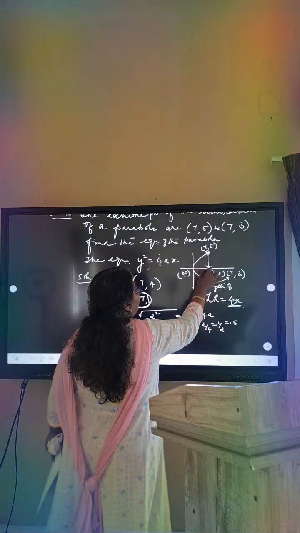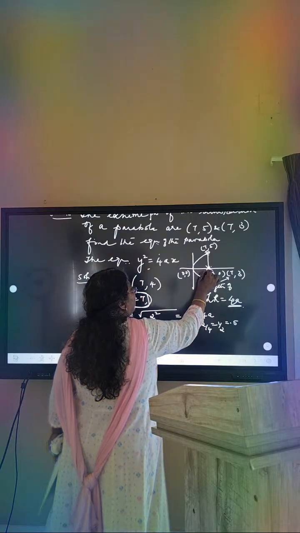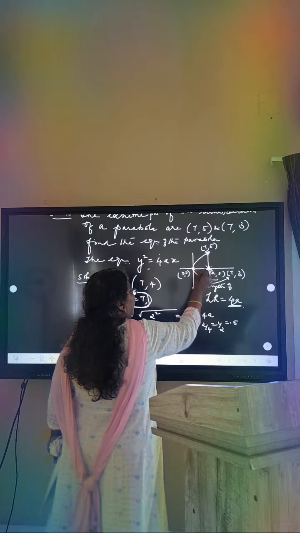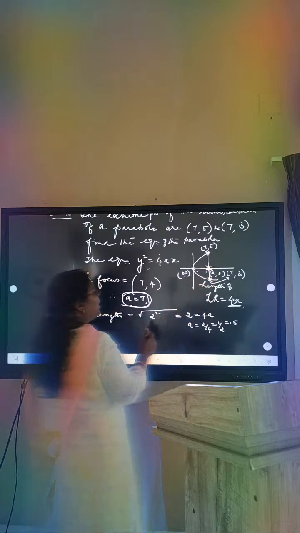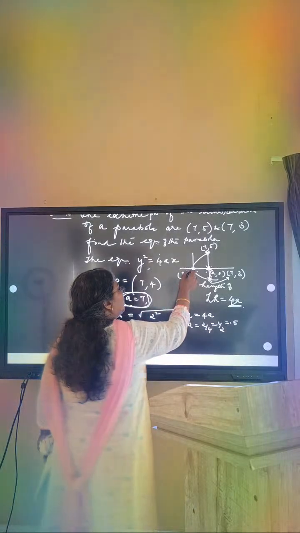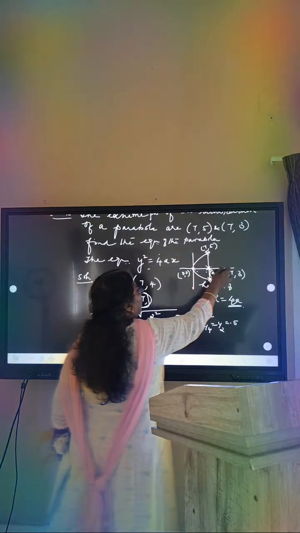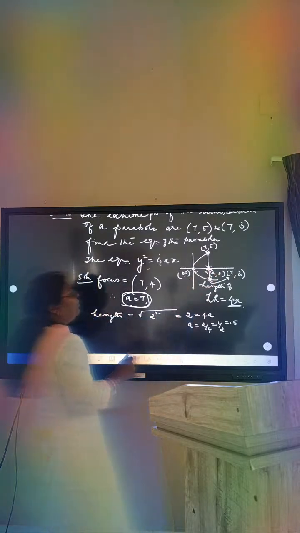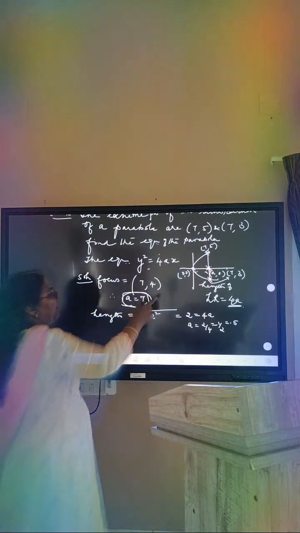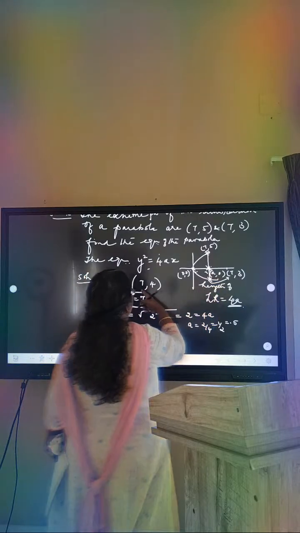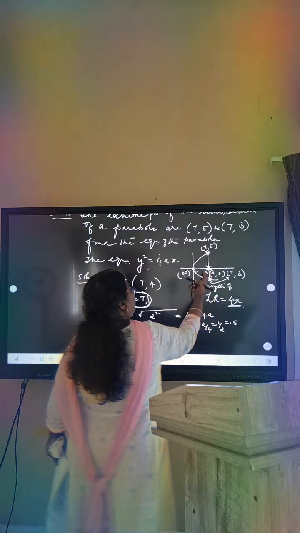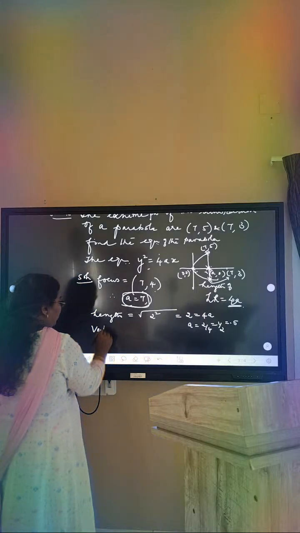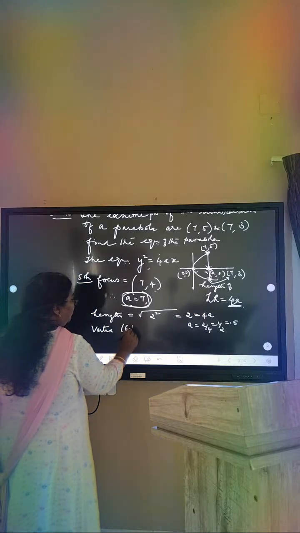So a is equal to 0.5 means, what will be the vertex? If the distance from the focus is a, then the vertex can be on either side. This distance is 0.5, so if the vertex is on the left side, it will be (6.5, 4).